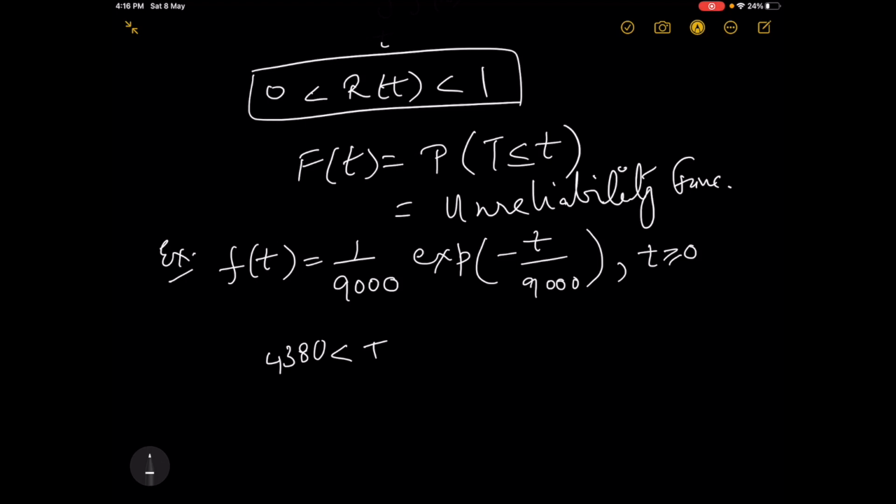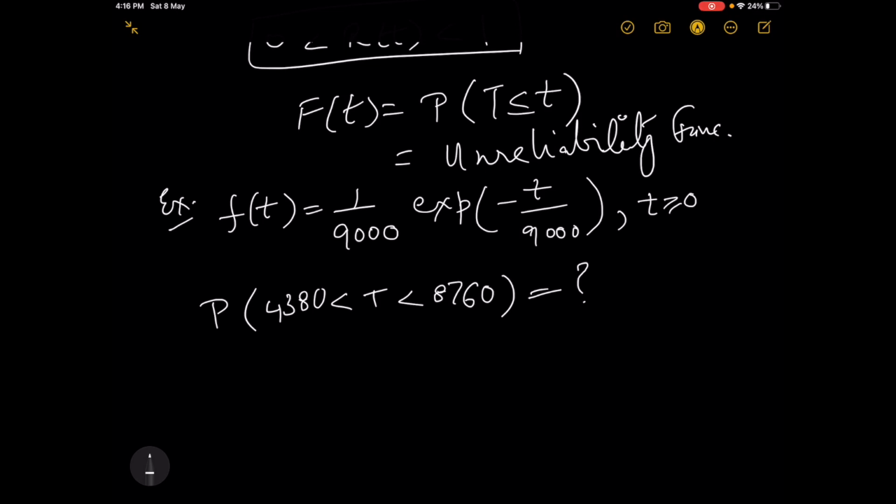And we are interested in finding whether it fails before the end of the first year. So 1 year in terms of hours works out to be 8760 hours. So we are interested in the survival of the component after the warranty period of 6 months, but before the end of the first year.